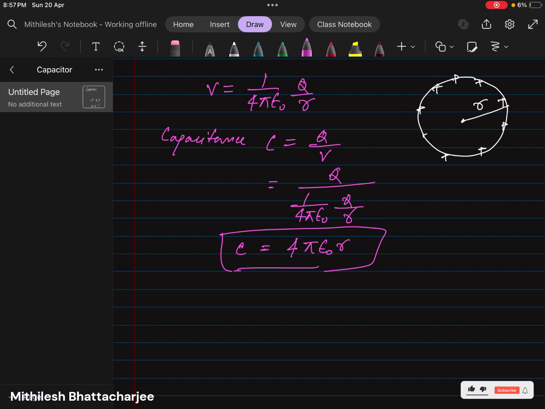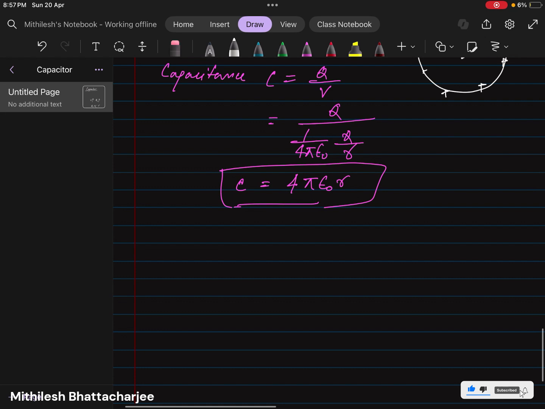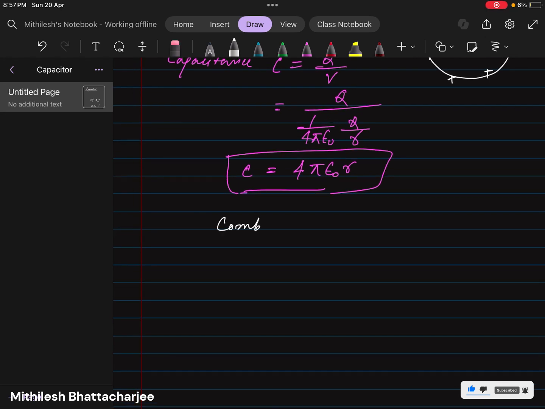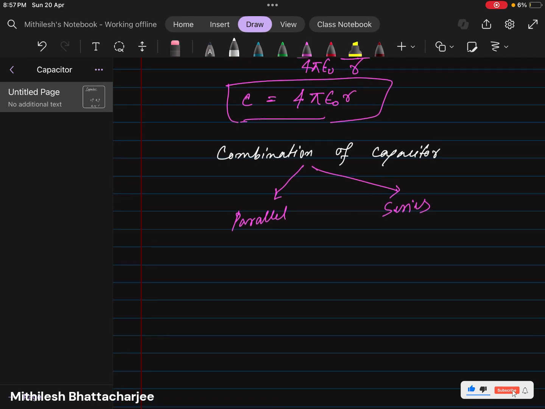Fine. Easy. Now the next topic is the combination of capacitors. There are two types of combinations of capacitors, just like resistors. One is parallel, one is series. In case of parallel, the capacitors will be arranged like this.